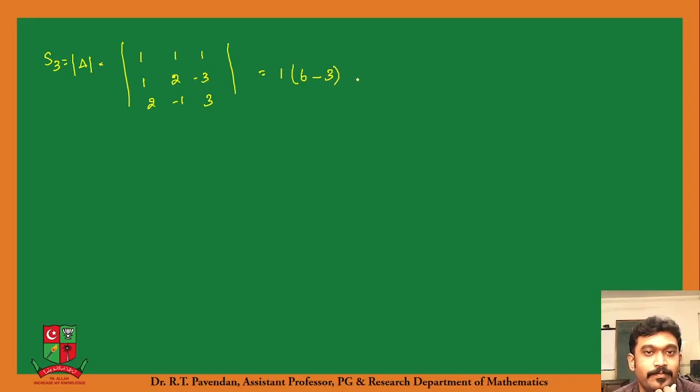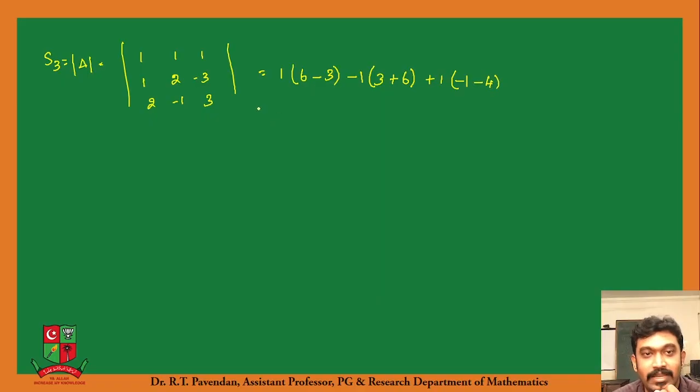The next thing is we have to go with the next element in the first row, that is the second element in the first row. We start with negative of that element along with its minors. So it is 3 into 1, 3, minus of minus, so it is plus 6, plus 1 into, for this element we have to find the minors, so it is going to be minus 1 minus 4.